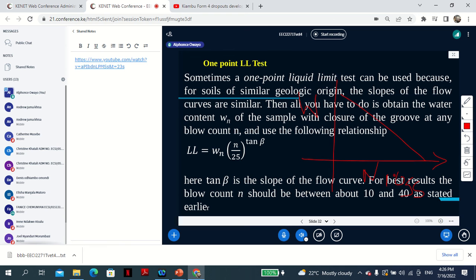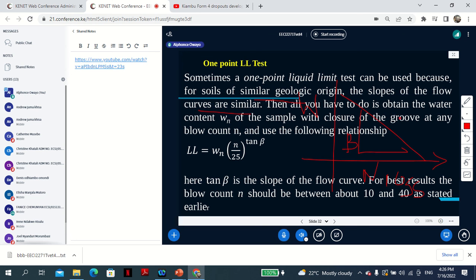This is what is called the flow curve. When you already have the flow curve and its gradient, that probably means you have done work with that kind of soil before. For soils of similar geologic origin, the slopes of the flow curve are similar.